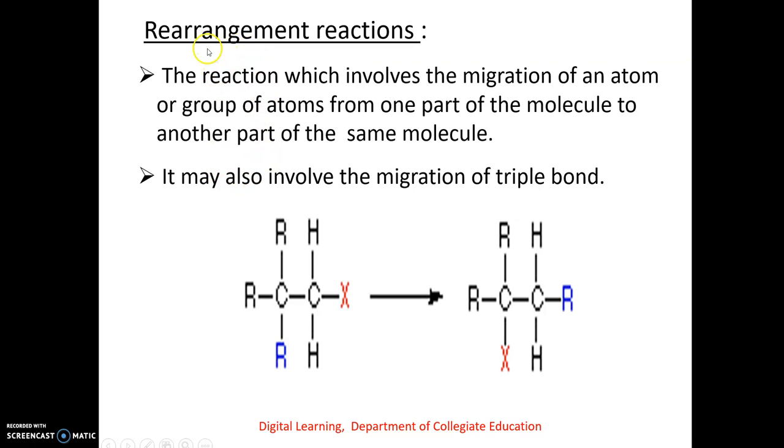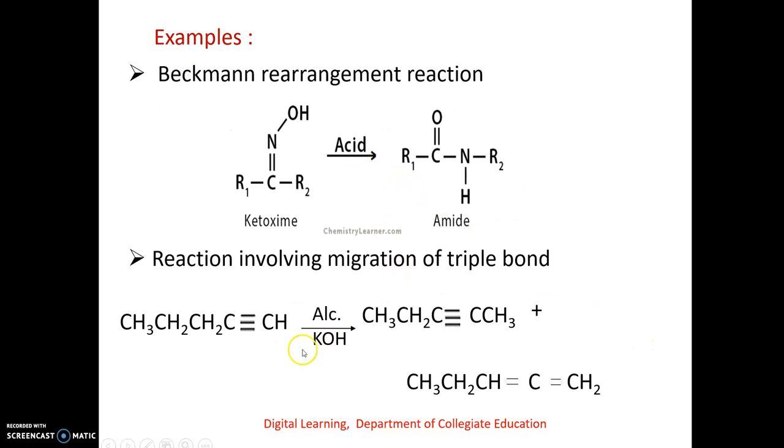This rearrangement reaction can also involve the migration of a triple bond. For example, this is an alkyne having 1, 2, 3, 4, 5 carbons, pent-1-yne, where the triple bond is present between the first and the second carbon.